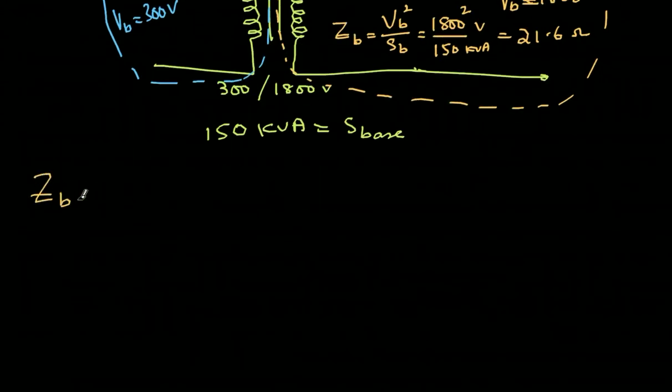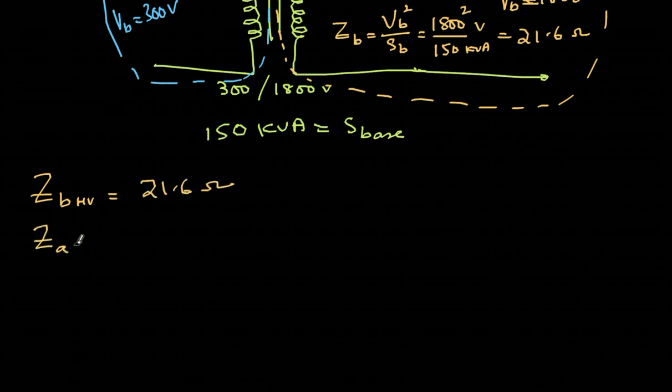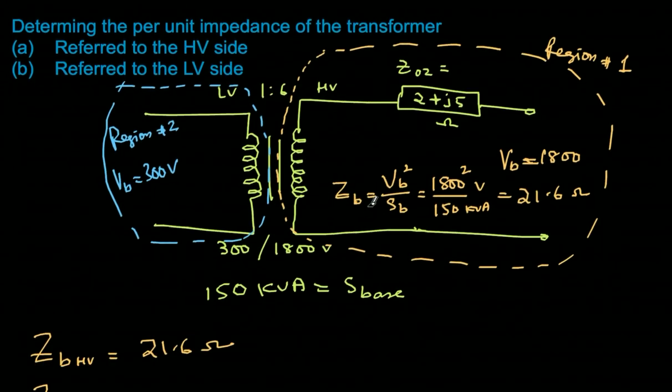So Z base on the HV side is 21.6 ohms, and the impedance actual referred to the HV side is 2 plus j5.